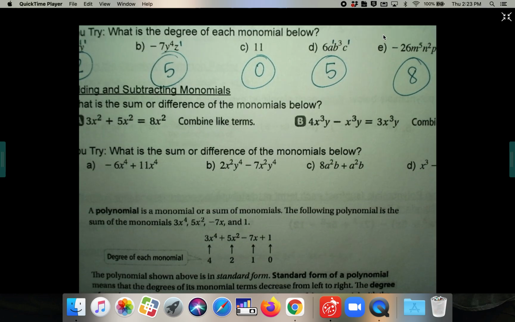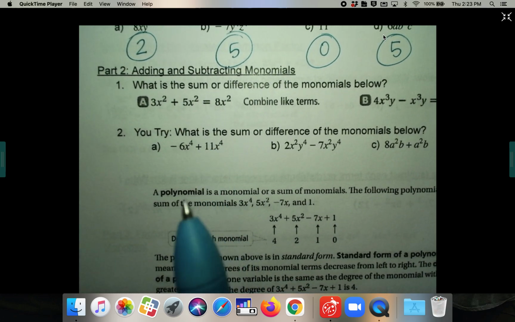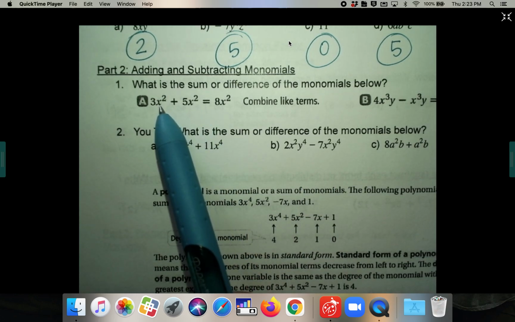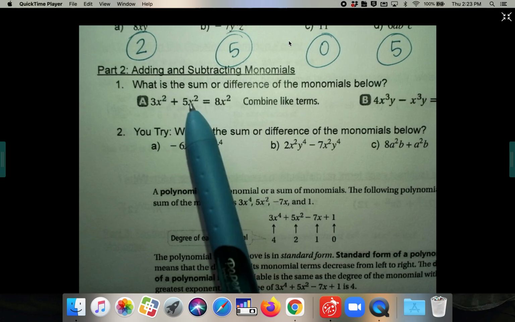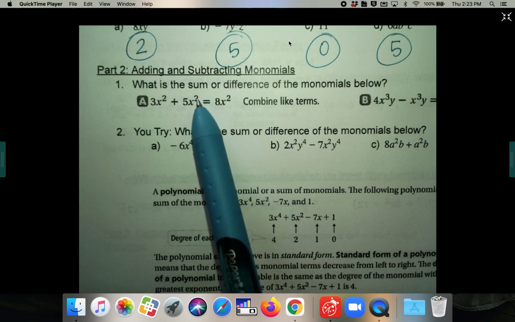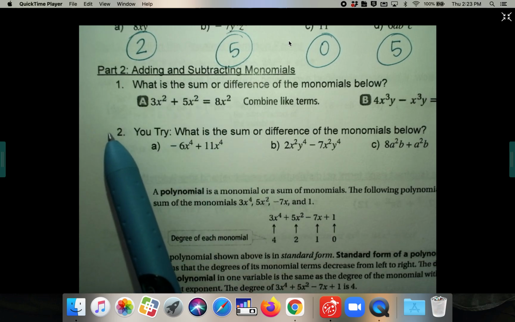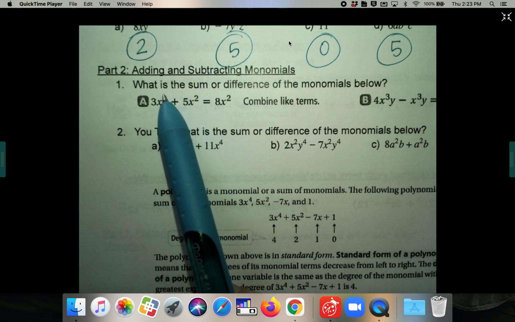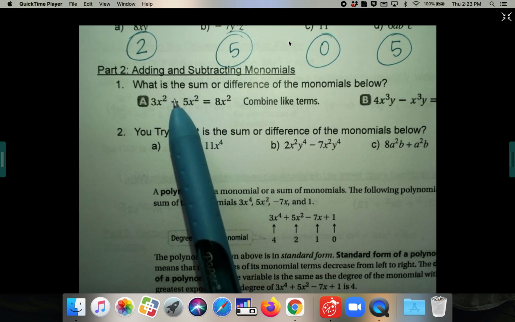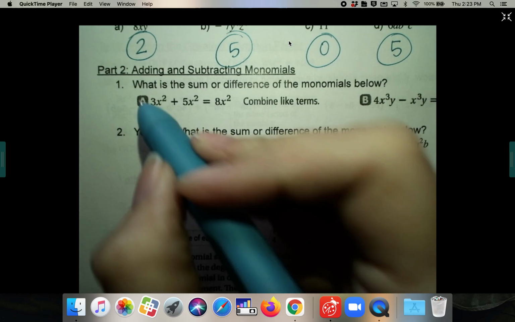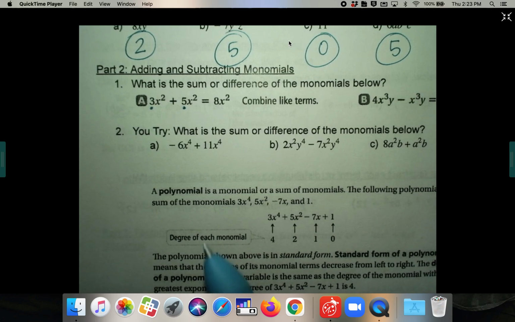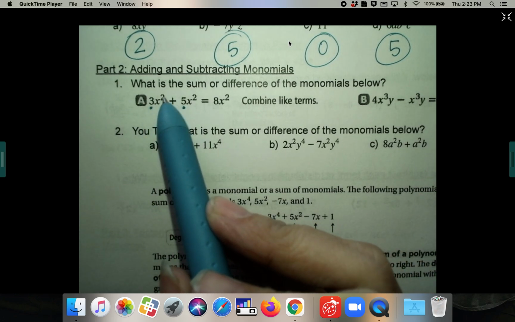Okay, now I'm going to have you add like terms. So when you add monomials, you can add them if their terms are like. So if we have an x squared, it can be combined with other x squareds. In previous units, we learned that multiplying exponents would change the number that the exponent is, but if we're just adding, the only thing that changes is the coefficient in front of it, and that just means we have 3 of this particular term.